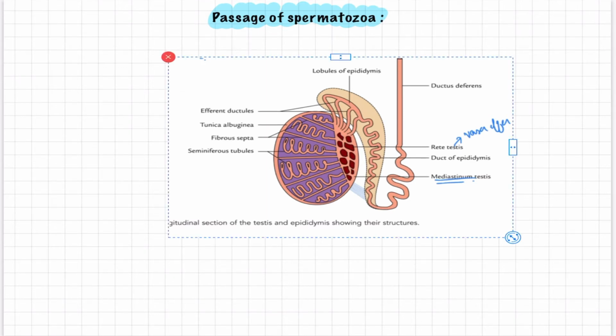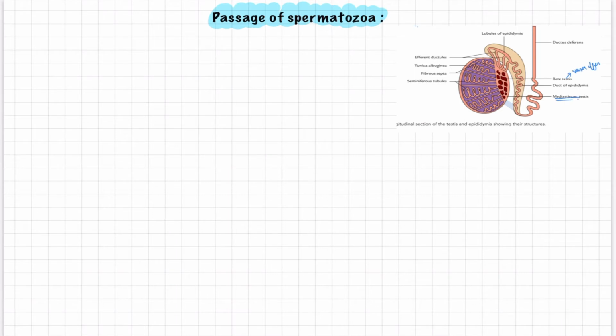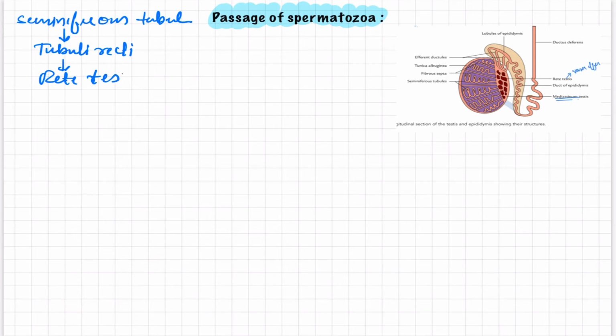To be specific, I will explain here, so please focus. The spermatozoa come from the seminiferous tubule by the process of spermatogenesis from the spermatogonia, that is, from the germinal epithelium. For details, you watch another video. From here they come into the tubuli recti, then the rete testis, and after the rete testis, they go into the vasa efferentia.